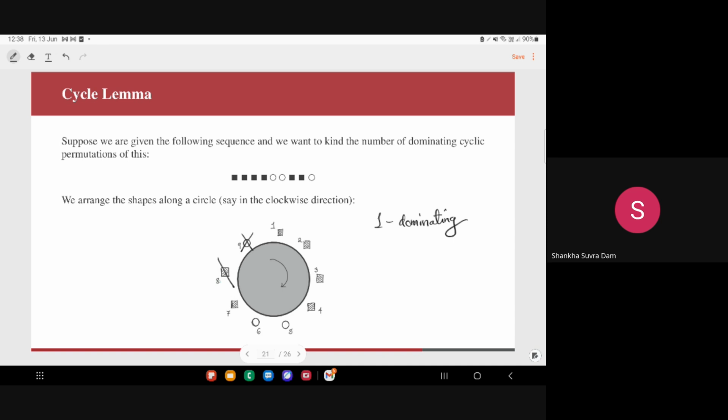So if we take out these two elements from this sequence, the number of such ways of counting would not affect the number of ways of counting for the initial sequence, right?